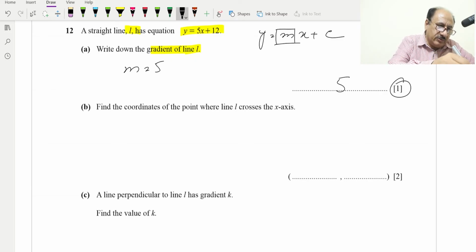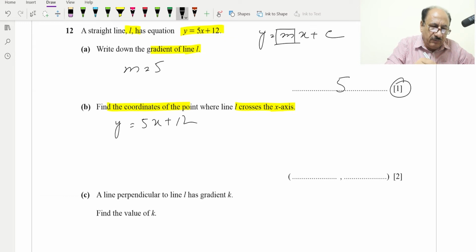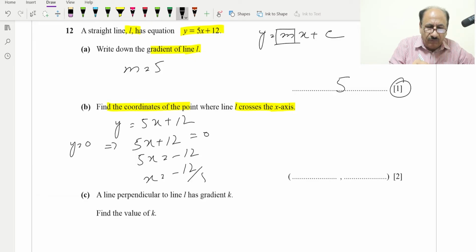Next, b part. Find the coordinates of the point where line L crosses the x-axis. Crossing the x-axis means the y value will be equal to 0. So in this equation, y is equal to 5x plus 12, we will replace y with 0. This implies 5x plus 12 will be equal to 0. So 5x will be equal to minus 12, so x is equal to minus 12 over 5.